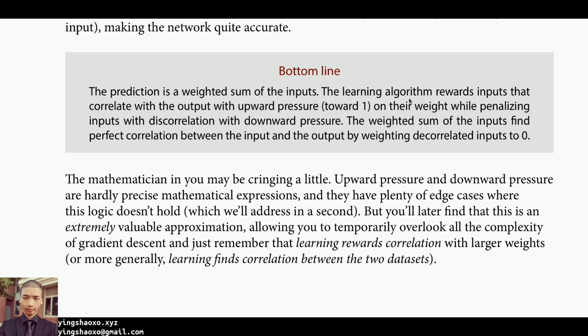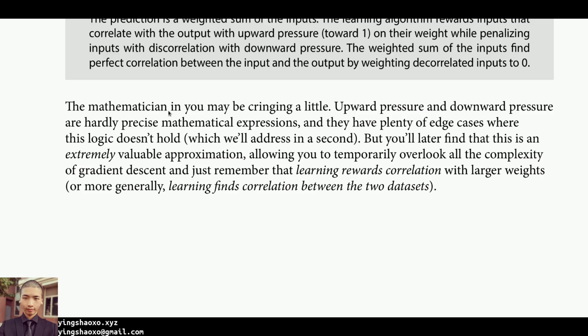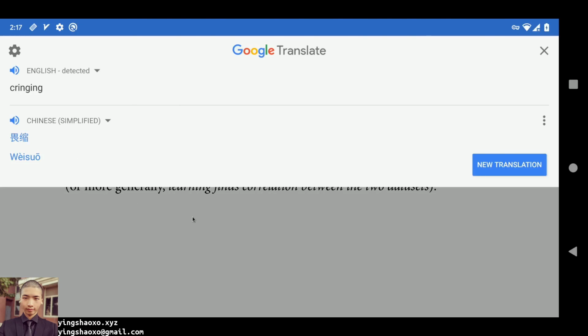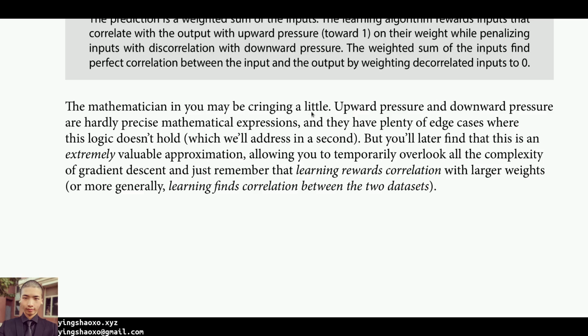Great. The learning algorithm rewards inputs that correlate with the output with upward pressure toward 1 on the weights, while penalizing inputs with discorrelation with downward pressure. The weighted sum of the inputs finds the perfect correlation between the input and output by weighting decorrelated inputs to 0. The mathematician in you may be raising an eyebrow.